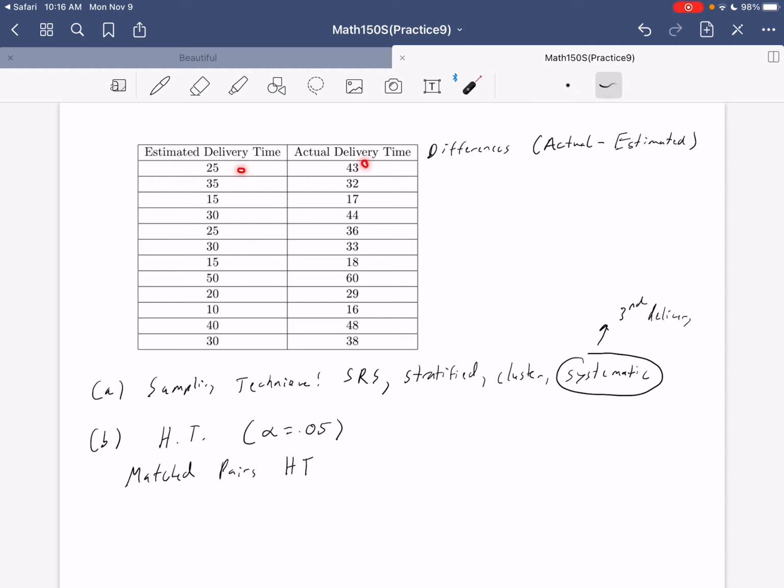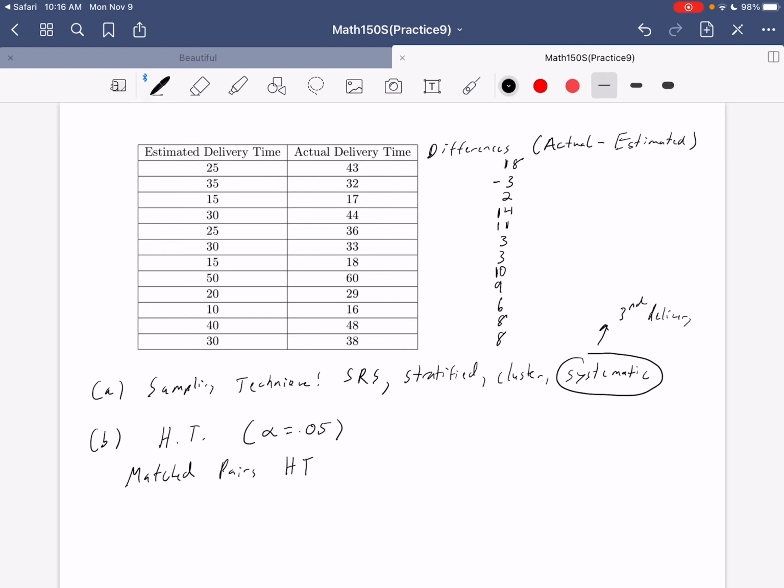So 43 minus 25, that's going to give us 18, and then negative 3 and 2, 14, 11, 3, 3, 10, 9, 6, 8, and 8. So there we go. That is going to be our data set.